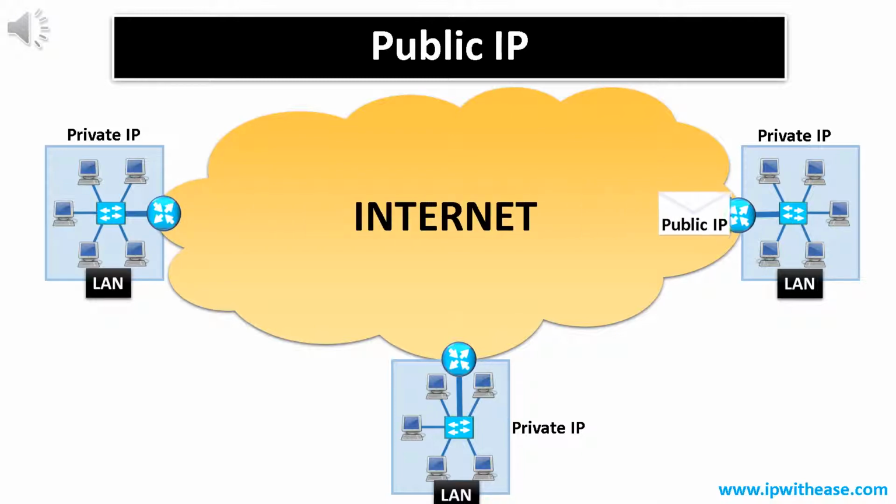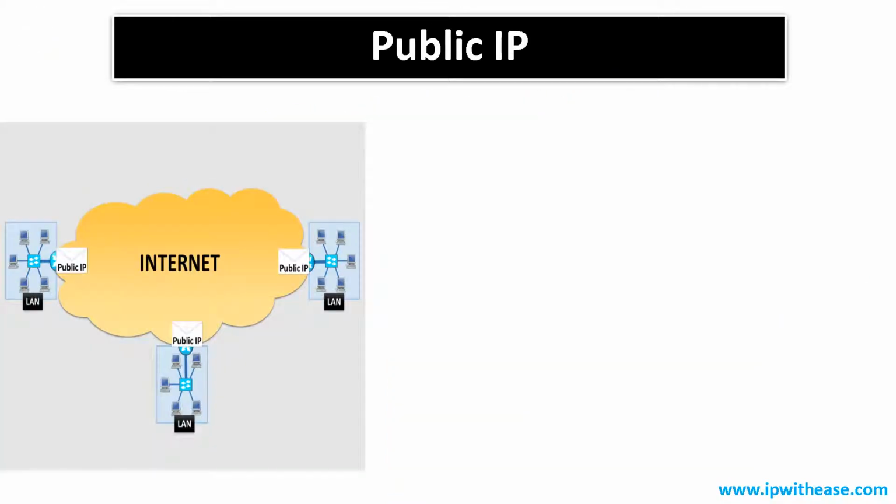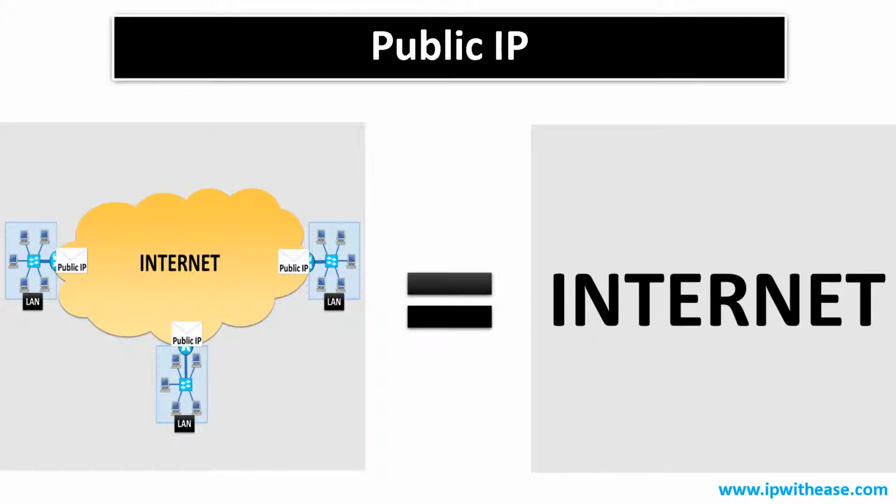As shown in the scenario, public IP will be used for sending information from one site to the other over the internet. This holds true for both to and fro traffic communication over the internet. Considering the vast scope of public IP, we may clearly state that public IP scope is global and spans over the internet.